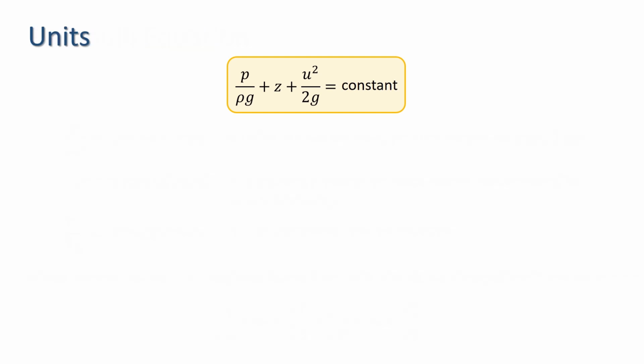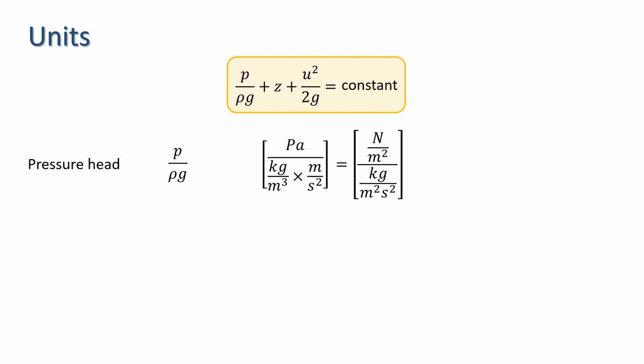Let's check the units of these three terms to satisfy ourselves that they are consistent. The first term, the pressure head, has units of pascals divided by units of density, kilograms per metre cubed, and units of acceleration due to gravity, metres per second squared. Now pascals can be reduced to newtons per metre squared, and these metre squareds on the bottom cancel out, and newtons reduced to kilogram metres per second squared.